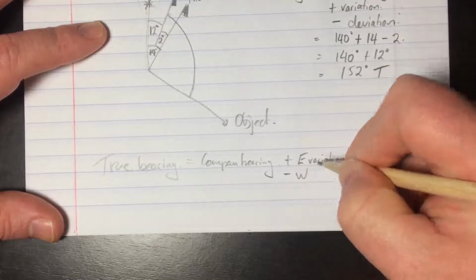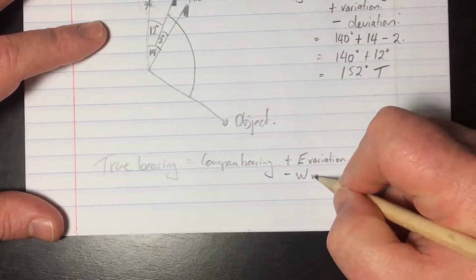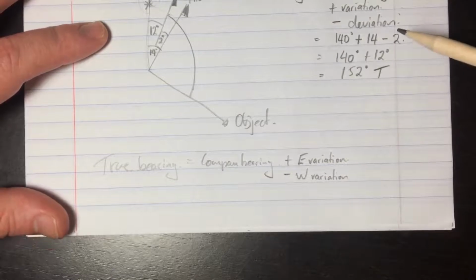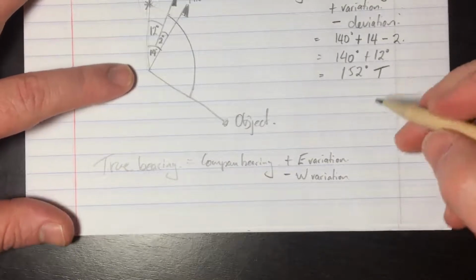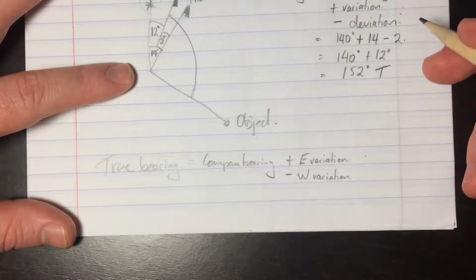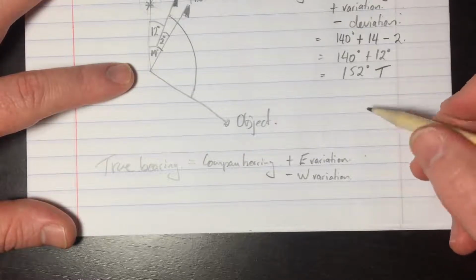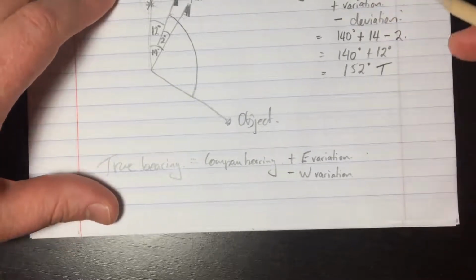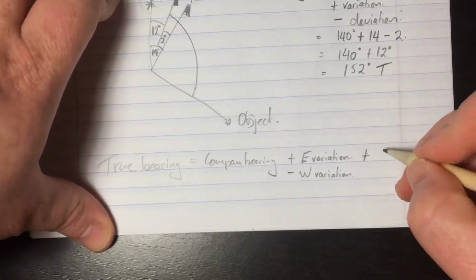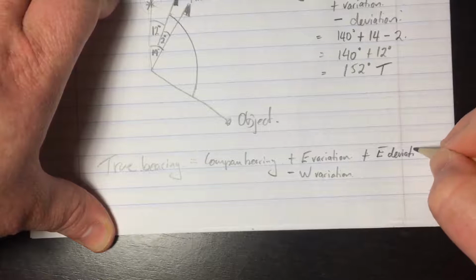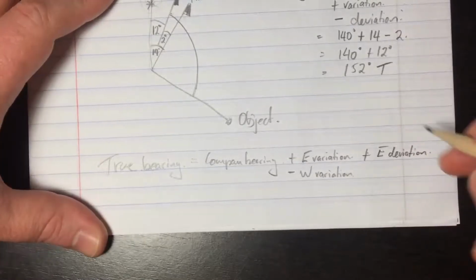But if it was a westerly variation, we'd actually take that away. Now, if we have an easterly deviation, we would add that on.